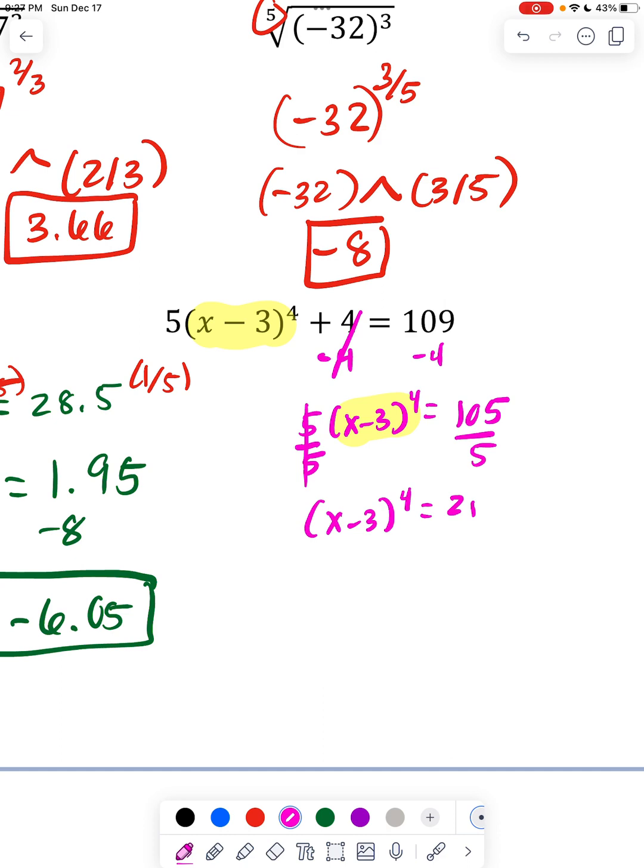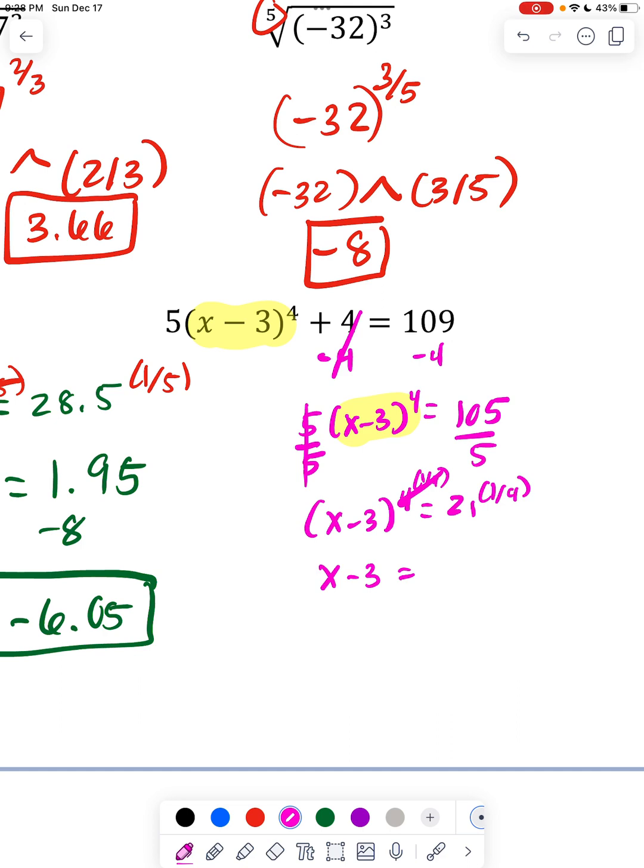I'm digging out my calculator, sorry. I've got to get rid of that 4 power. I could use a 4th root, or I can think of raising it to the 1/4 power. That will cancel that power out, and I'll just have x minus 3. Then on my calculator, I do 21 raised to the 1/4 power.